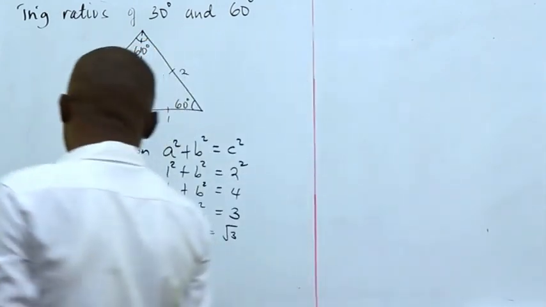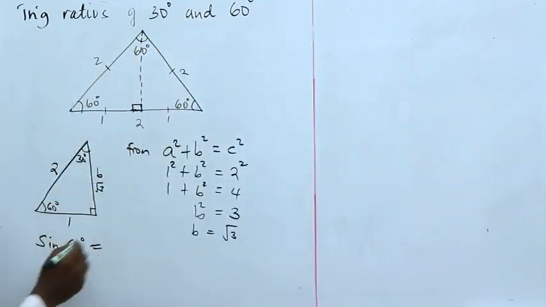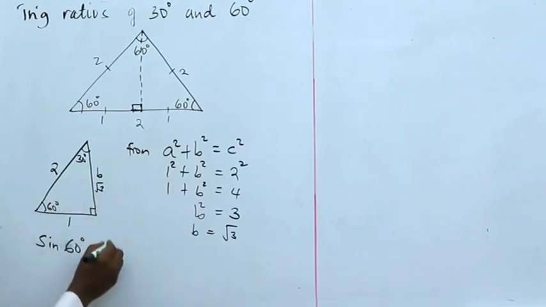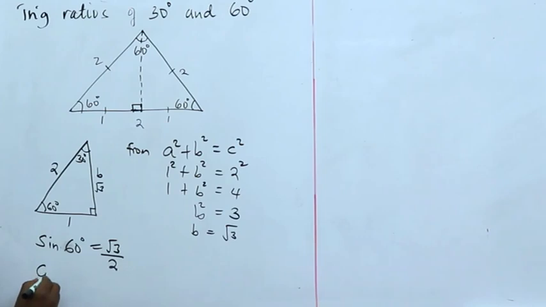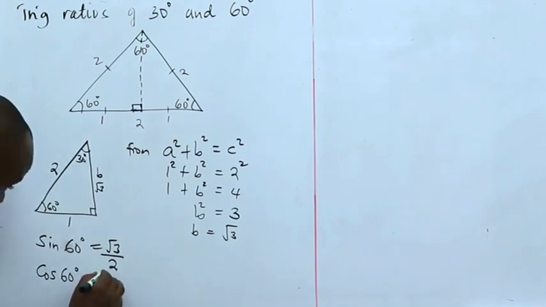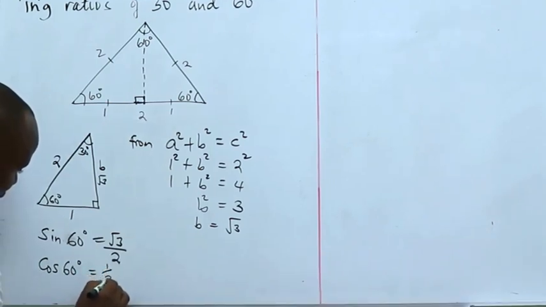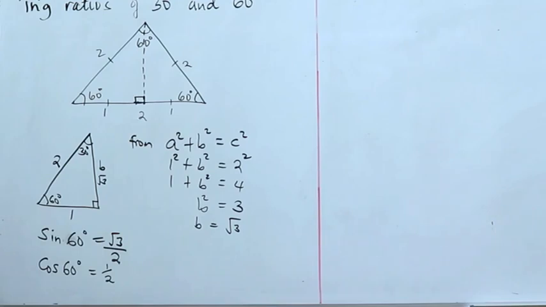So the opposite side of 60 is root 3 over the hypotenuse side, which is a 2. Then we can talk of cos 60 degrees. Cos is adjacent over hypotenuse, and that is none other than a half.